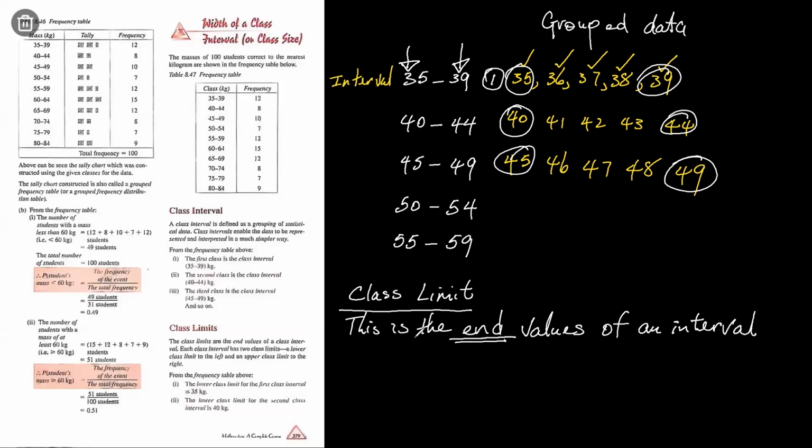We're just going to do about four words. Can you repeat it one more time, please? Look, it's there. I wrote it down there for you. This is the end value of the interval. For each group, which is called an interval, each group has a lower value and an upper value.